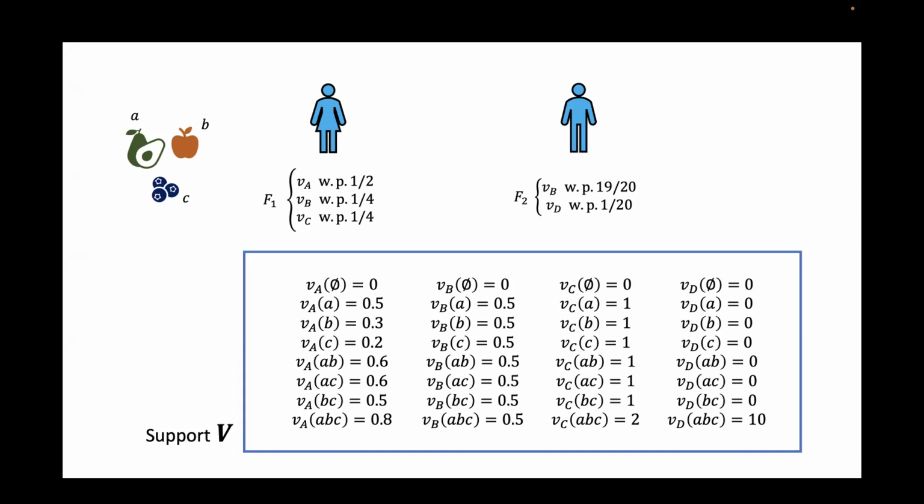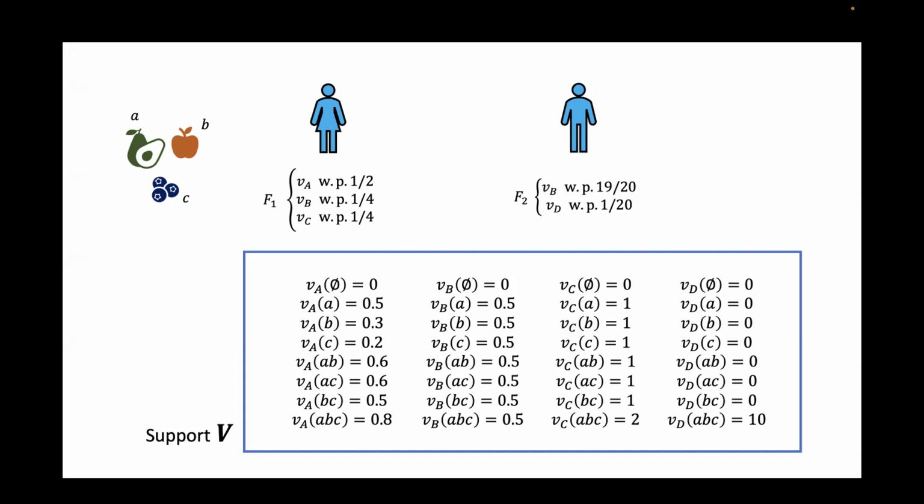Let's look at a small example of what an instance could look like. We have 3 items, these 3 fruits, A, B, and C. Anyways. So we have two agents. This is the support, these four valuations.